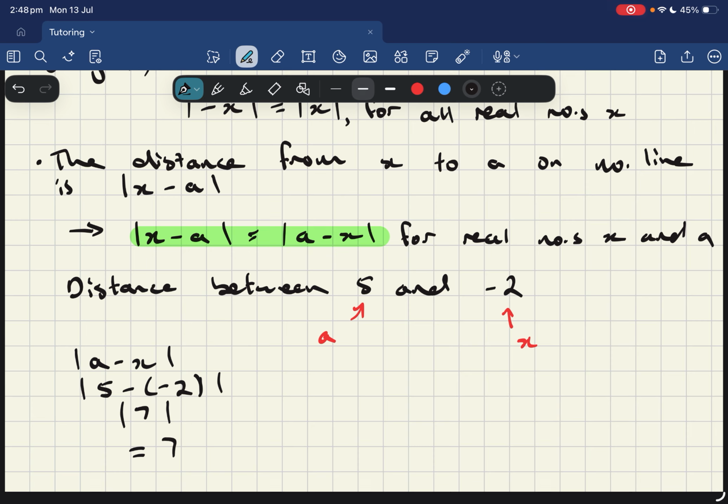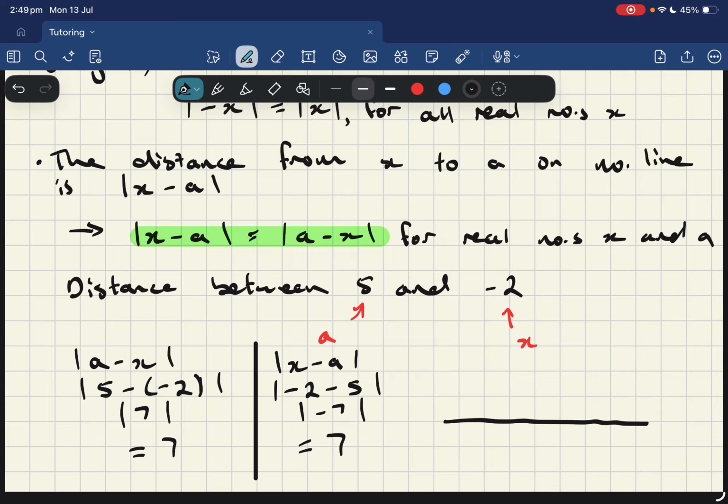Let's say we swapped this around. So let's change the orientations from A minus X to being X minus A. If I do X minus A, we can see that -2 minus 5 is going to give us -7 here, and the absolute value of -7 gives us +7.